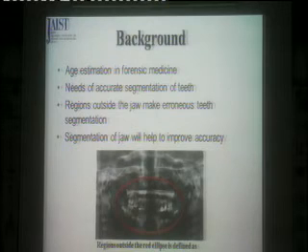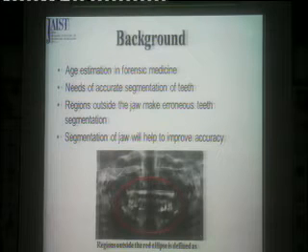Because if we try to detect this from the original image without segmentation, the accuracy of detecting teeth will be worse, because the surrounding area of bone will be detected as a failure.